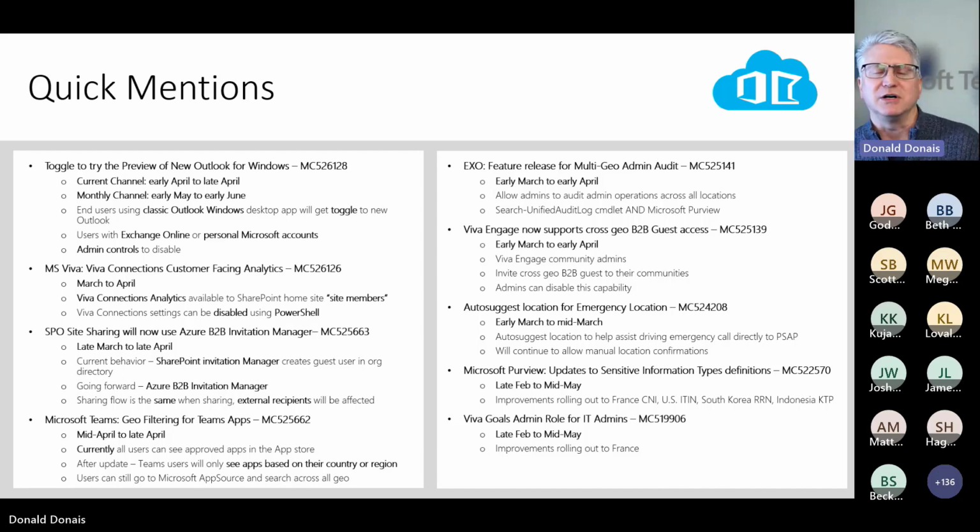You can still access all the apps. If I'm in France and I don't see it, I can still go to the Microsoft App Source and get it from there if I need to, again, if you have permissions and you have that all set up. That's one coming out mid-April to late April.